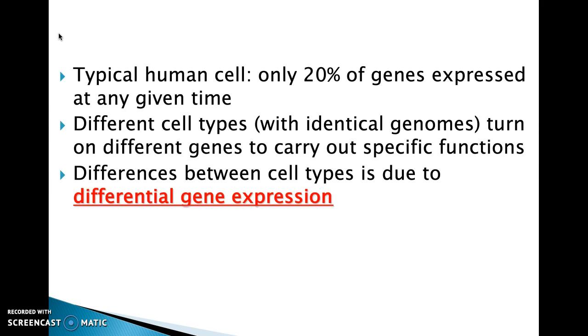For example, you wouldn't need lactase made in the digestive system's stomach cells in nerve cells or in brain cells. So every cell, although having an identical genome, needs to carry out protein synthesis differently depending on its cell type. That's what differential gene expression is.